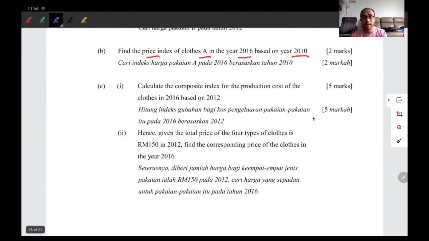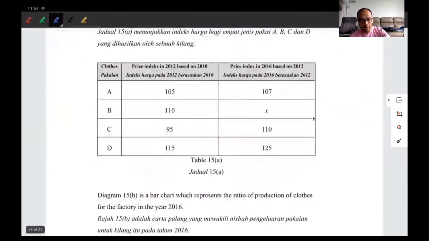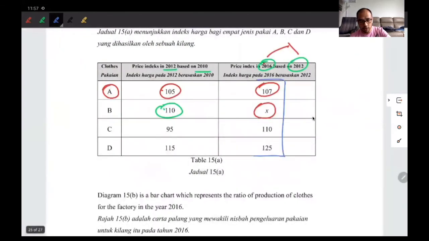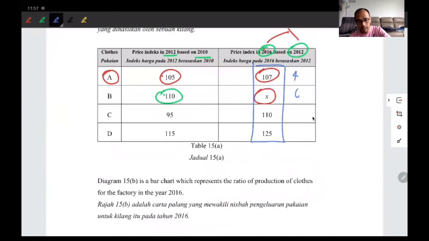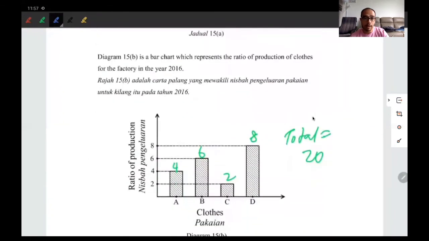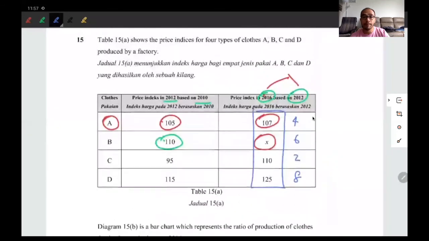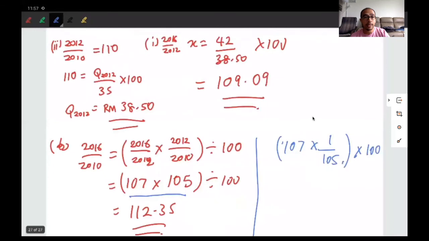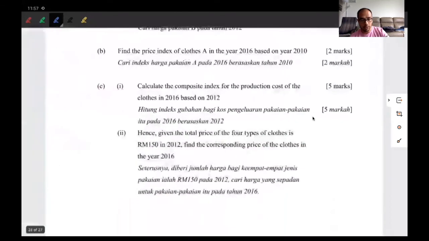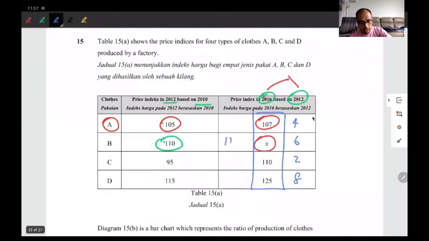All right, final, C. Calculate the composite index. So 2016 based on 2012. So we're taking all these 4, okay, and we're going to multiply 4, 6, 2, 8. Okay, 4628. Sorry, I'm very lazy, so I'm going to do it the shortcut over here. And x, what's the value of x? X is 109.09.